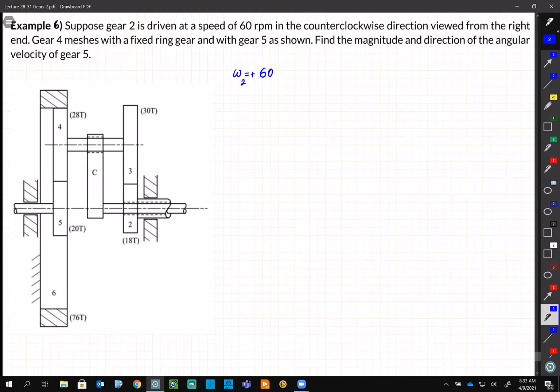Of course, we know gears have to mesh with each other. We want to find out omega 5. So that's the question. But again, please try to visualize the motion of these gears, this system.